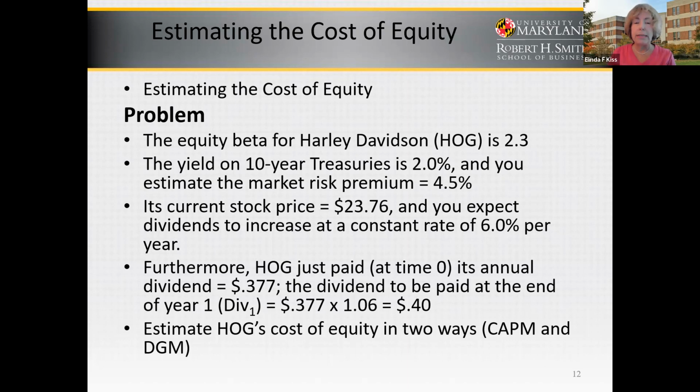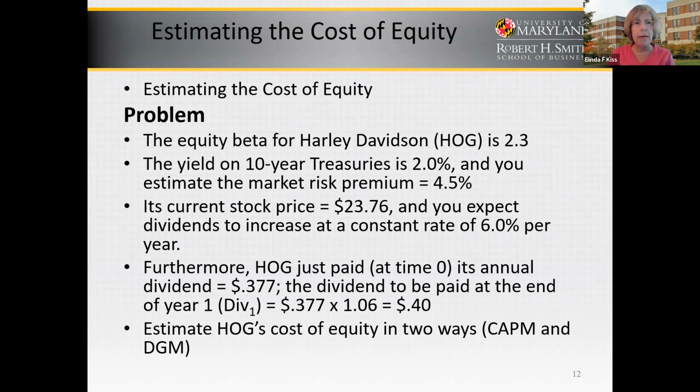It was 37.7%, and it's going to grow at 6% to 40 cents next year. Dividends are going to increase, we estimate, at 6% a year. So you're going to estimate HOG's cost of equity using the two methodologies.